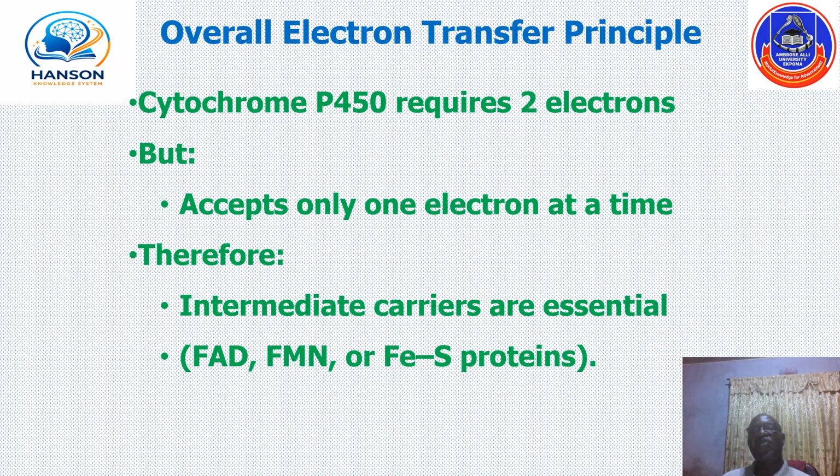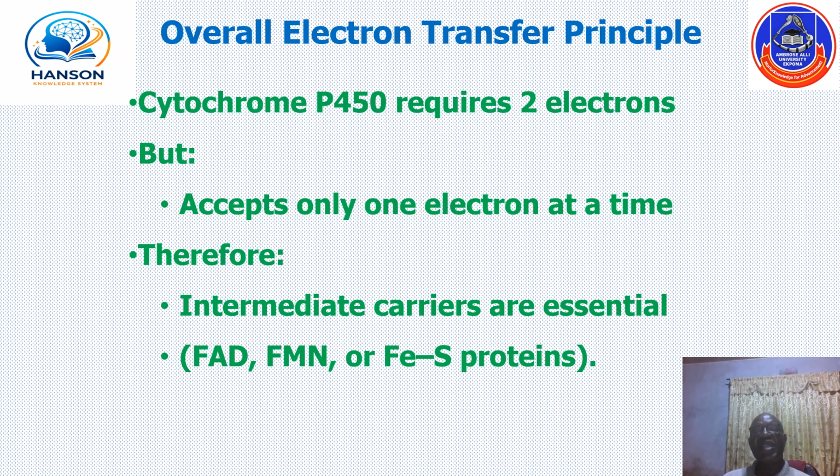What is the overall electron transfer principle in this seemingly complex system? The cytochrome P450 requires 2 electrons, as you can see in the previous diagrams, for both mitochondria and microsomal.